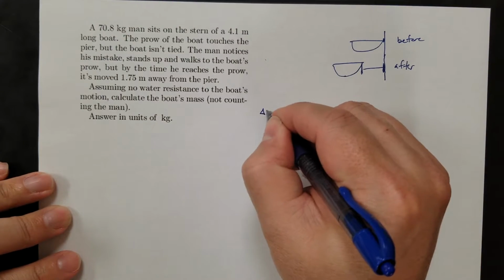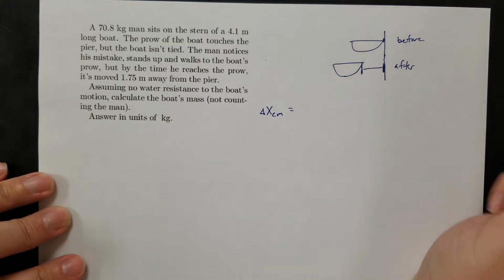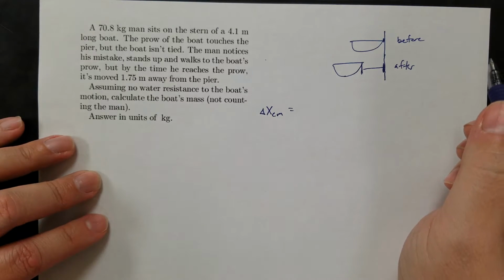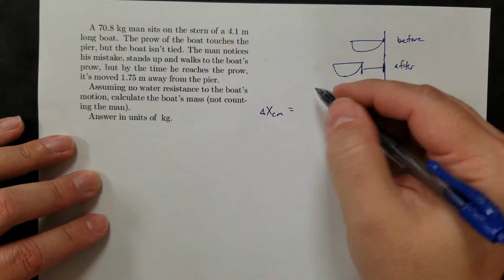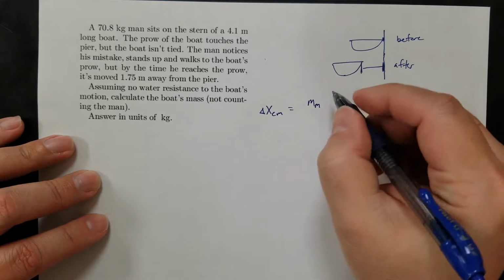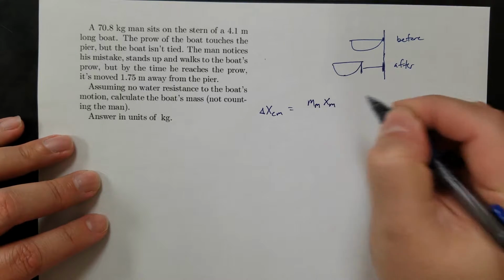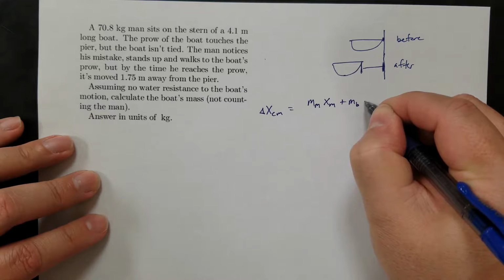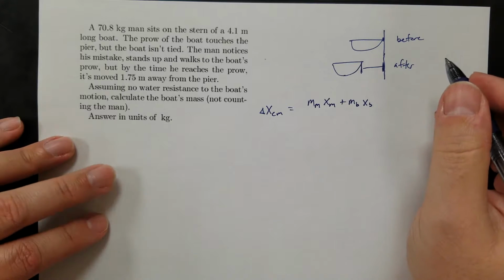So how far the center of mass moves is going to equal the change in all this stuff. So it's the mass of the man times where the man is, plus the mass of the boat times where the boat is, right?